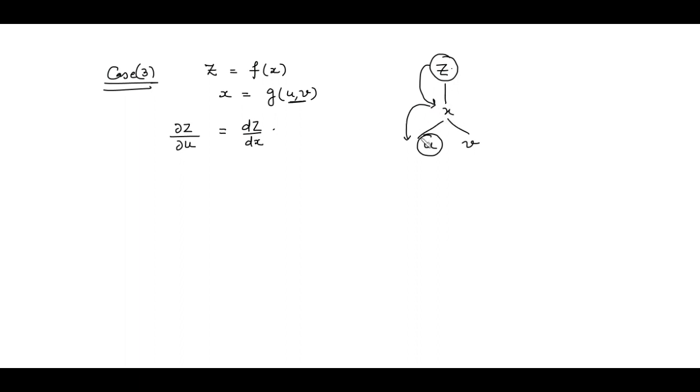And further x is a function of these two variables, so here it comes in terms of partial. The same way you can find the partial derivative of z with respect to v. So that will be, take its derivative with respect to x, multiply with the derivative of x with respect to v.